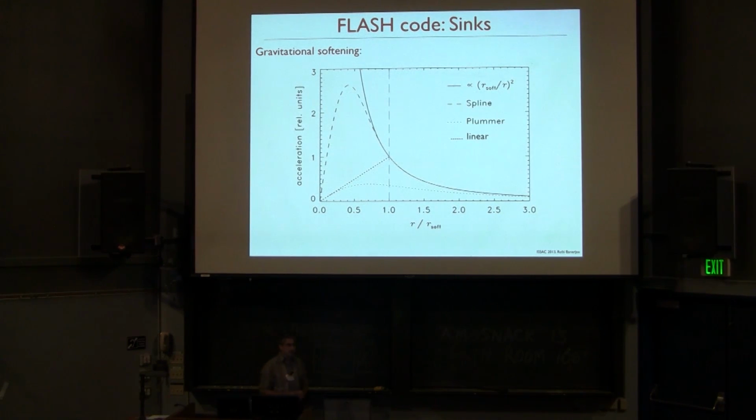This is essentially done by a parameter in your flash.par. And here you see just the way the acceleration changes depending on the method of your softening. And Christoph has his best experience using the spline type softening. So that's a fairly complicated curve here, depending on the distance of a sink particle and a grid cell, or a sink particle and a sink particle here. But you can play around with different types of softenings here.